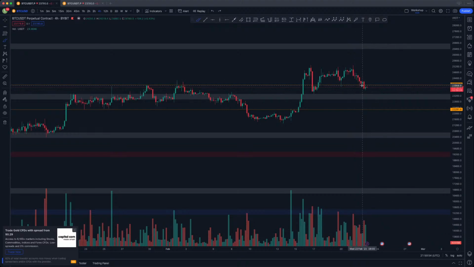Well, the third one is bigger in size wick to wick, but the volume is actually smaller. So there's our first clue of divergence. That means it's taken less effort in terms of the volume, and the actual candle is bigger.